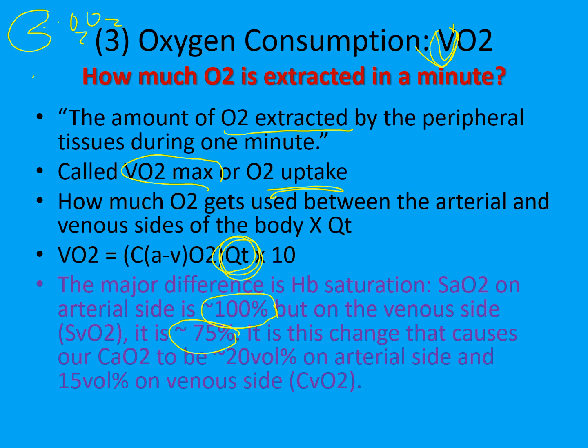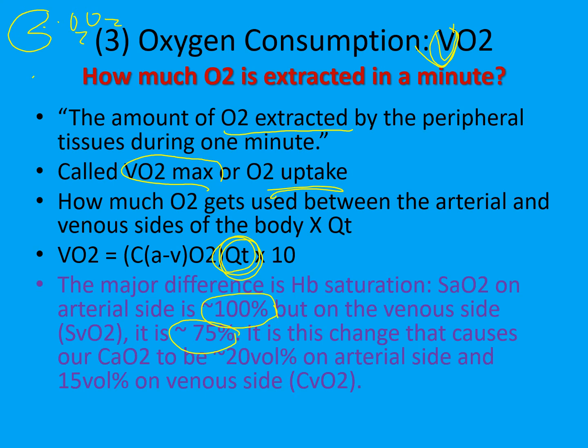Well, what's my consumption? How much percentage, not volumes percent, but just percentage of oxygen was consumed from my arterial to my venous side? Well, when we're looking at this, that would be 25%. My consumption of oxygen is 25%.